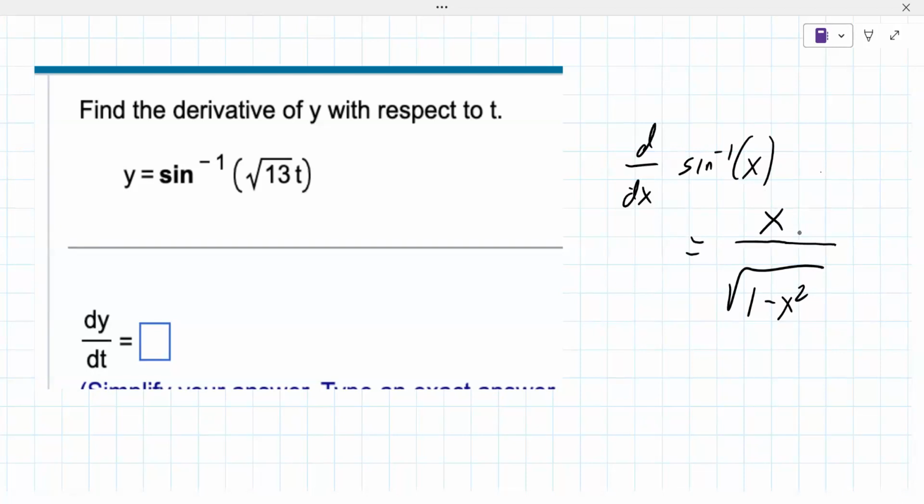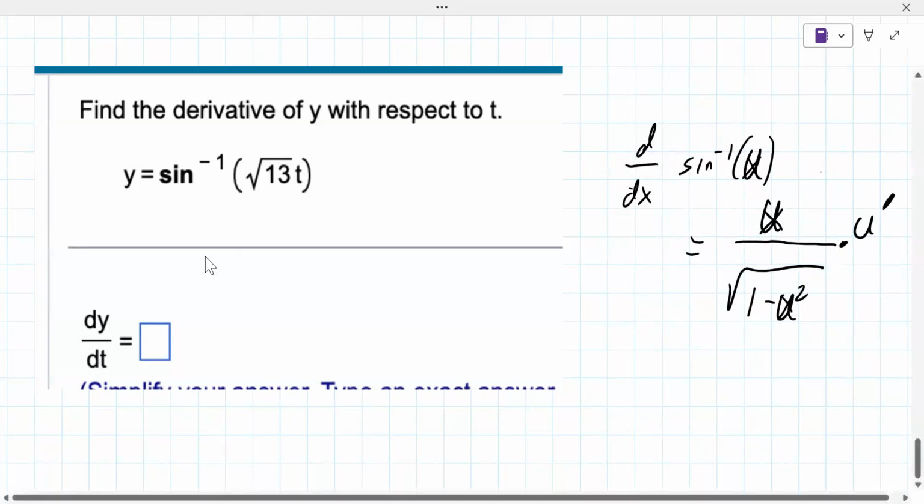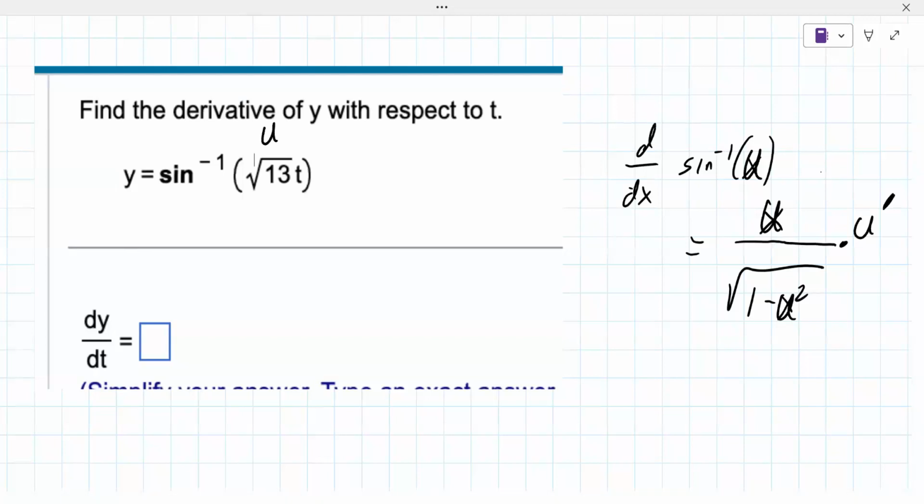All of these have a chain rule component, so it's almost like there's a u, and then it's times u prime, because this inside part is the u. That's critical because it affects the derivative, this chain rule part.